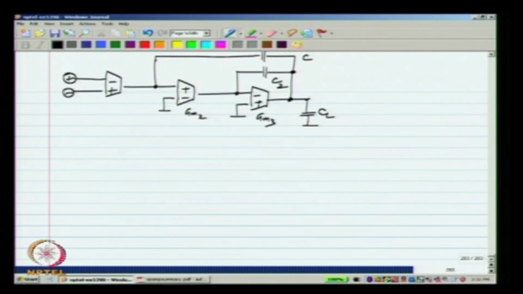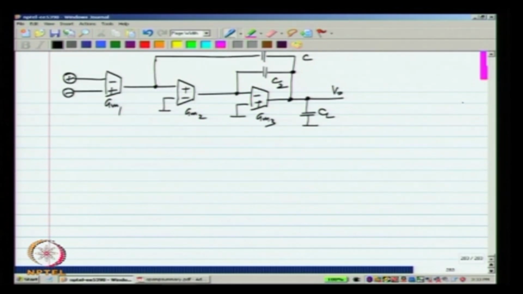So, this is the input of the op amp and that is the output. We can think of it as the input GM1 driving a current controlled voltage source with a trans admittance SC or a trans impedance 1 over SC, and the current controlled voltage source is made using this 2-stage op amp. And the 2-stage op amp itself can be thought of as GM2 driving the current controlled voltage source with a trans admittance of SC2, or trans impedance of 1 over SC2.